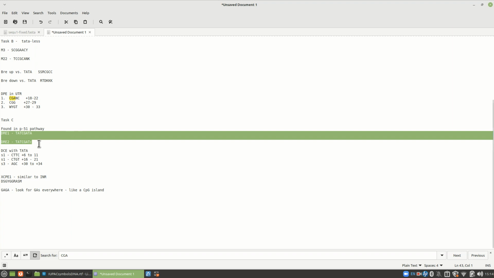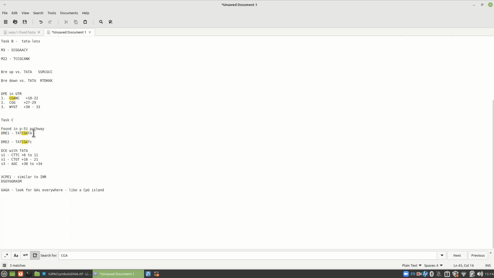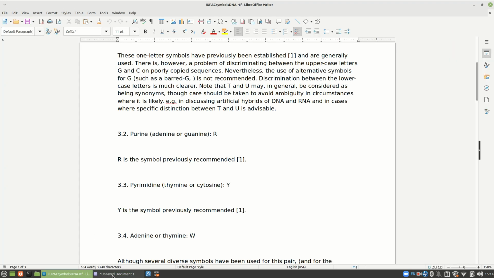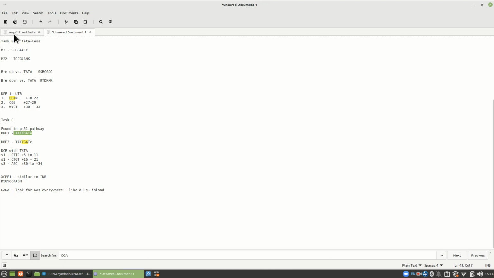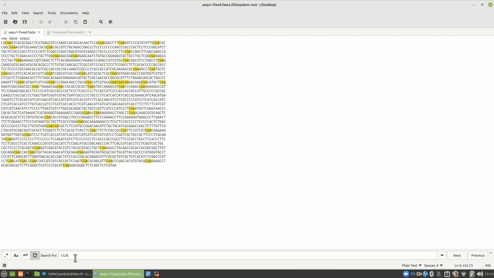So let's see if we can find one of these. Let's see if we can find the first one here in our gene. So it's TATC. I'm pretty sure we found some TATCs or something similar to that before, didn't we? So I do TATC. No, there's not. There's no TATC here.